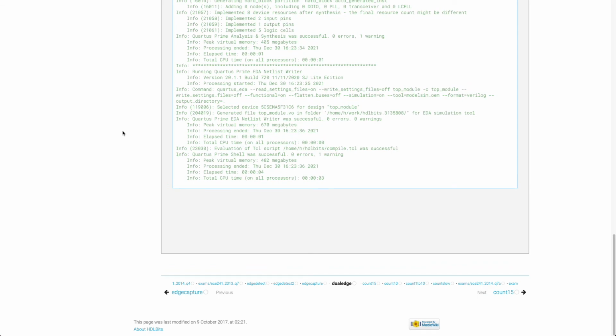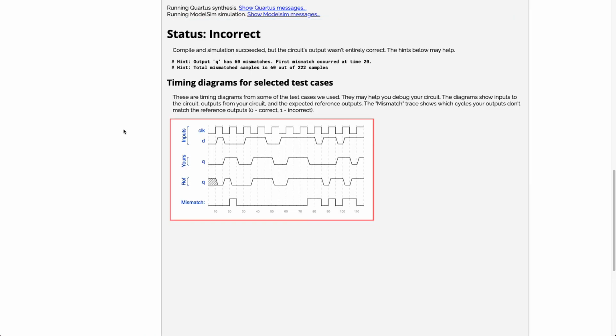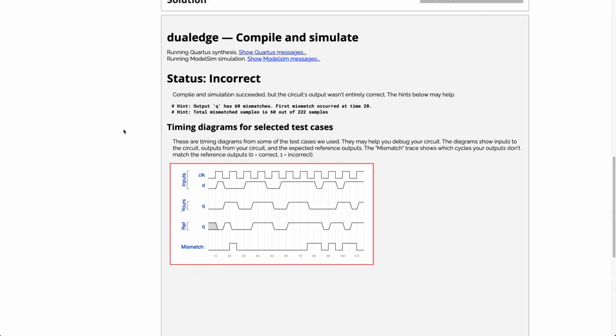This is actually quite a good problem, but I have 60 mismatches, so maybe not.